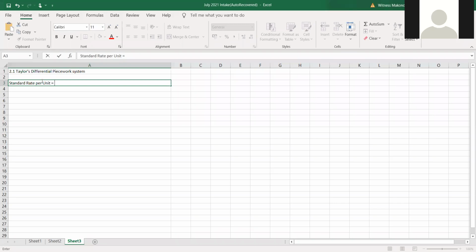So the formula to calculate the standard rate per unit is actually hours worked times the rate per hour, over standard units expected to be produced. But I want to show you another shortcut. This is the longer way.